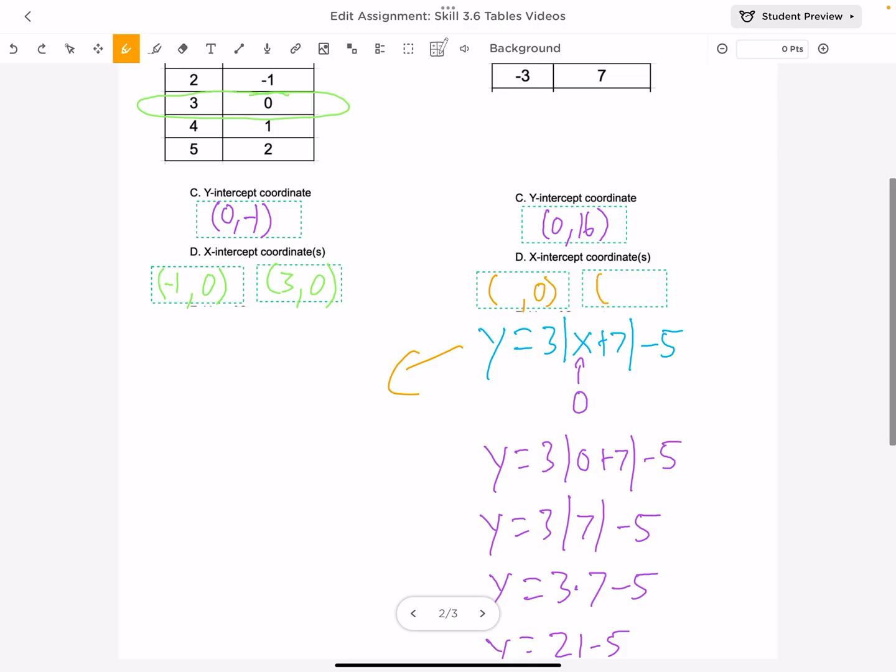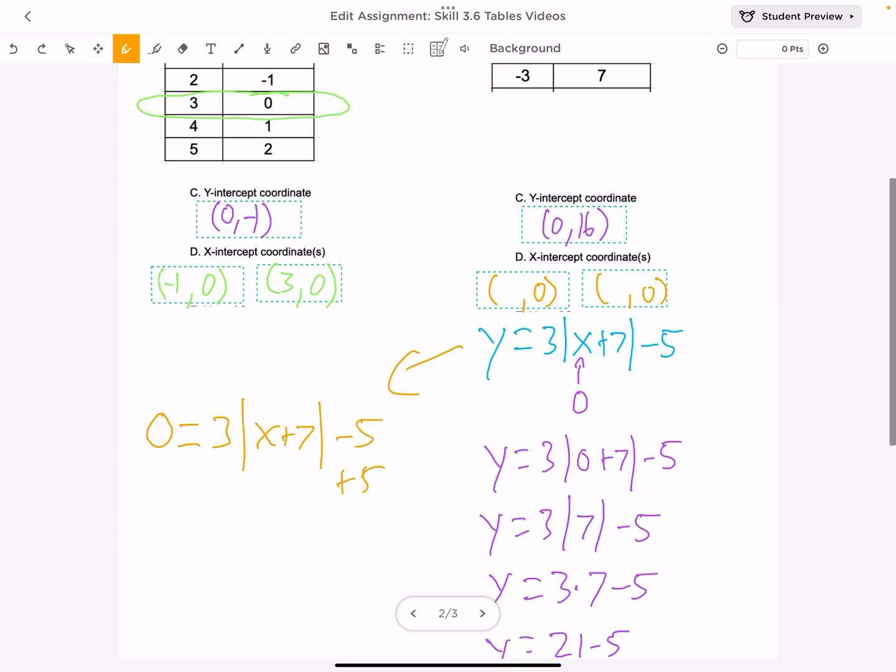Our y values are 0. All right, and we're trying to solve for the x, so I would just say 0 is equal to 3 times the absolute value of x plus 7 minus 5, like that.